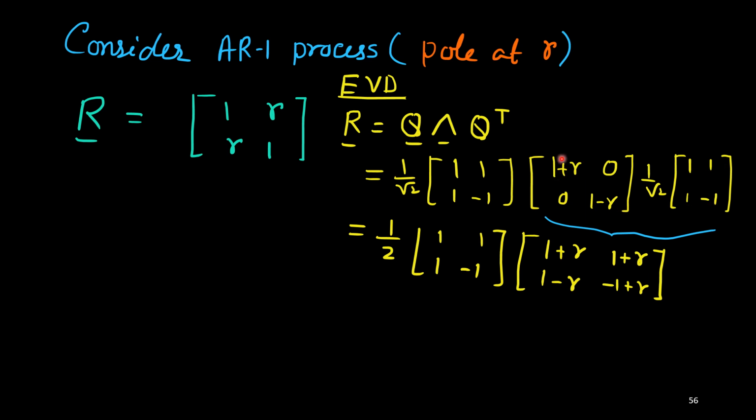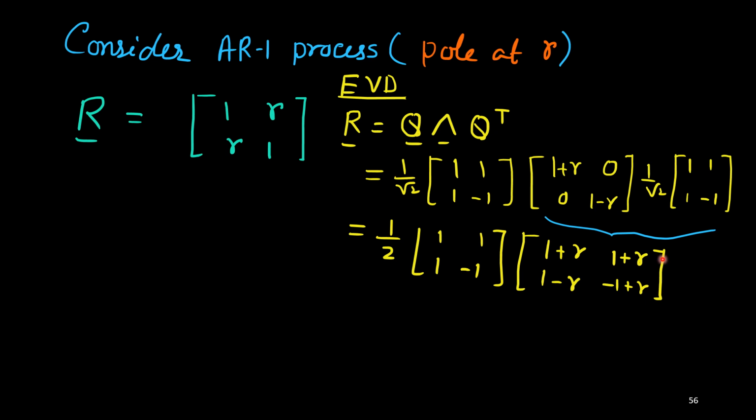Then what will we get? 1 plus r times 1, and 0 times 1 is 0, so here it is 1 plus r. The next one is 1 plus r times 1, and 0 times minus 1 is again 1 plus r. Similarly, this one, it is 0 times 1 and 1 minus r times 1, that means 1 minus r, and here the minus sign, be careful, 0 and minus of 1 minus r means minus 1 plus r.